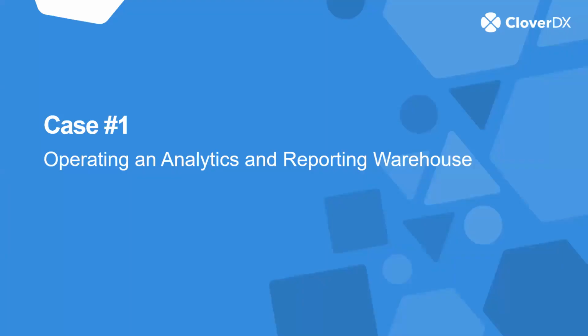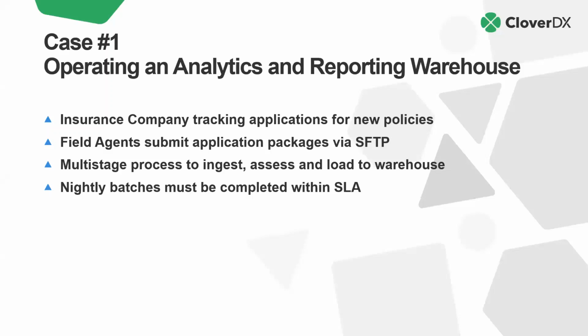So use case 1 comes to us from a consumer life insurance company. They have a reporting warehouse where they track the life cycle of insurance policies, from a client's initial interest to them filling out the application, to getting the underwriting done, to the actual activation.